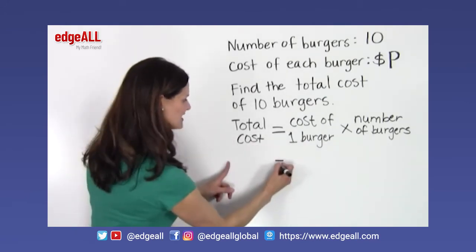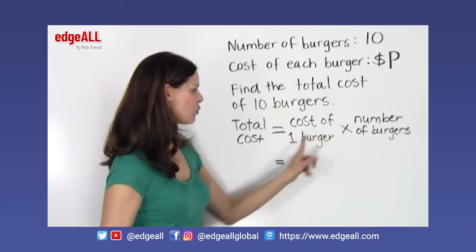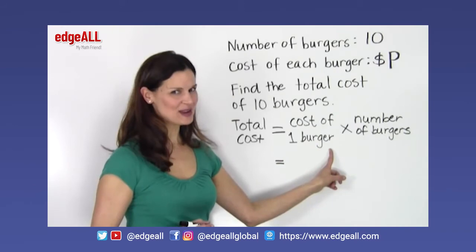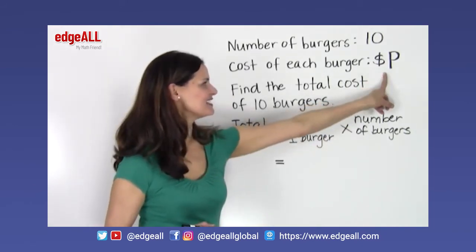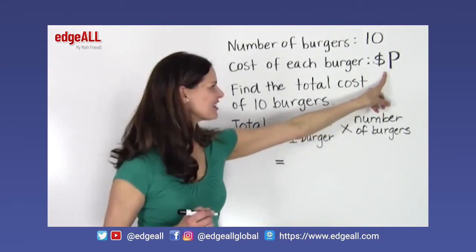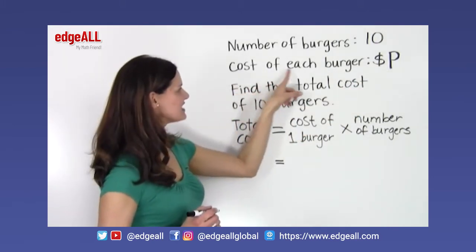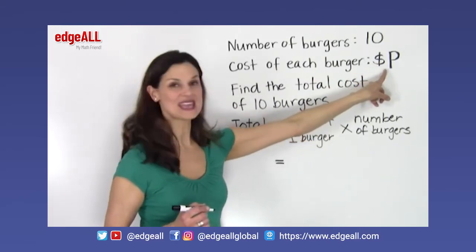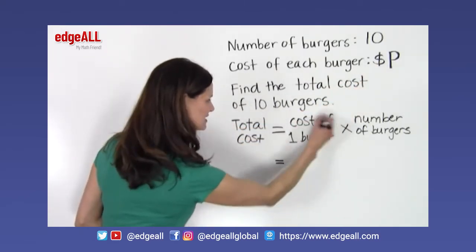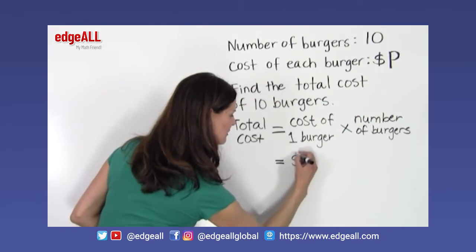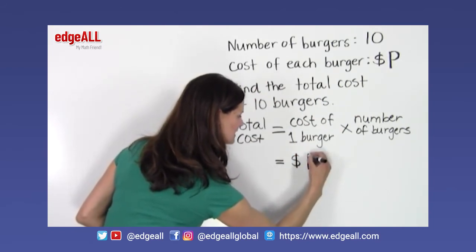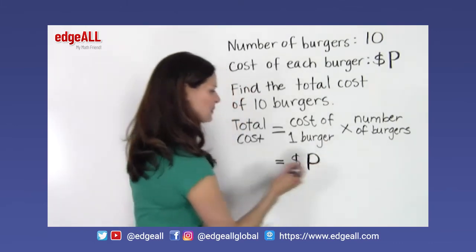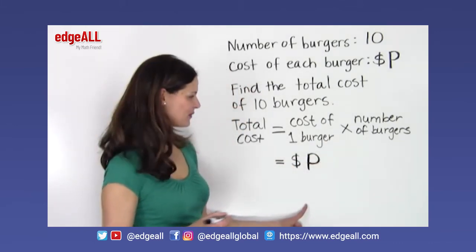So total cost equals the cost of one burger. And I know that using the variables and using this dollar sign and the P letter here, the cost of one burger equals P dollars. So here where it says cost of one burger, I'm going to put my dollar sign and my letter P. Remember that P represents the price of one burger.